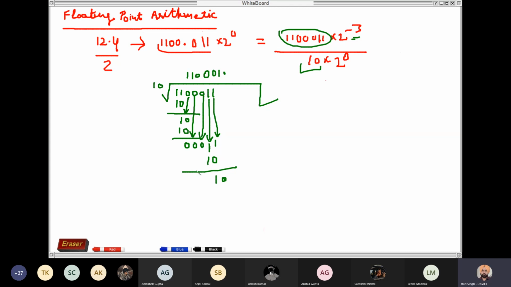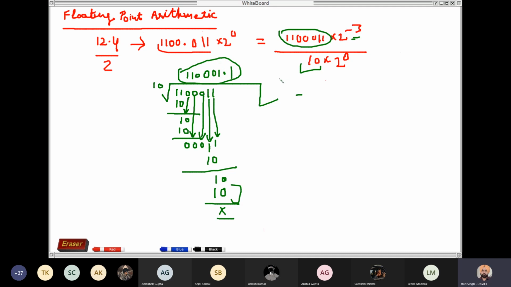Now you can subtract the divisor and you get 0 here, and for this division you have to write 1 at this place. So with this we obtained the quotient, with the remainder 0 because we have placed the binary point here.